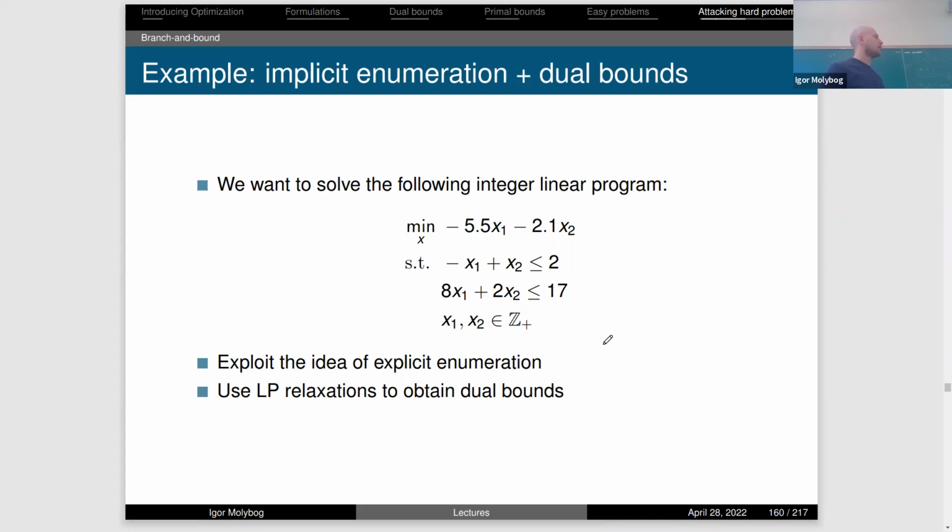The question of bounding doesn't have too many options for us to choose from, but the question of branching is something that we definitely can explore. And also, the question of how exactly we solve for primal and dual bounds is extremely important.